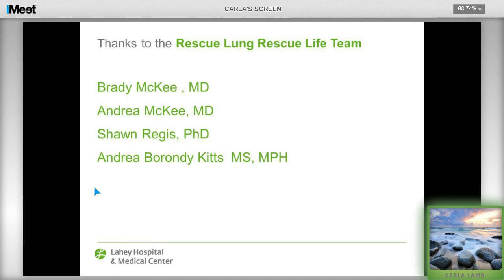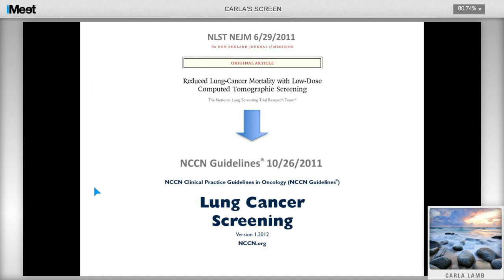Dr. Andrew McKee, Director of Radiation Oncology, who's been the leader of this team and moving things forward, and Dr. Sean Regis, who's the gatekeeper of our database, and Dr. Andrea Barandi-Kitts, who's not only a patient advocate, but done a lot of ongoing great work with smoking cessation and a lot of moving our research work forward in our group.